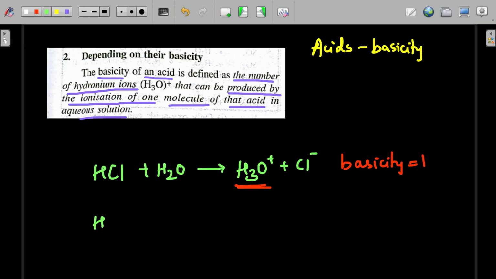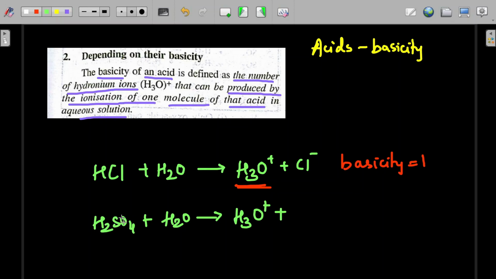Another example, if I take H2SO4, sulfuric acid, and dissolve it in water. See, in H2SO4, we have two ionizable hydrogens. Ionizable means they can ionize into H plus. In the first step, only one H will go with water, so it will form H3O plus.